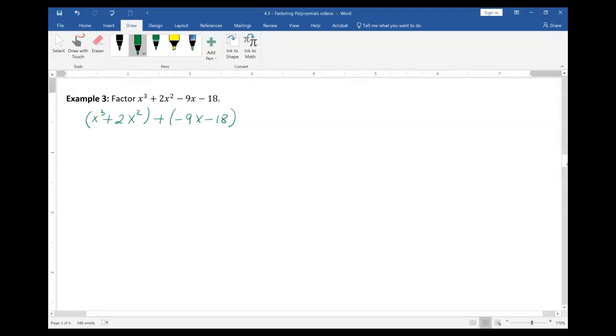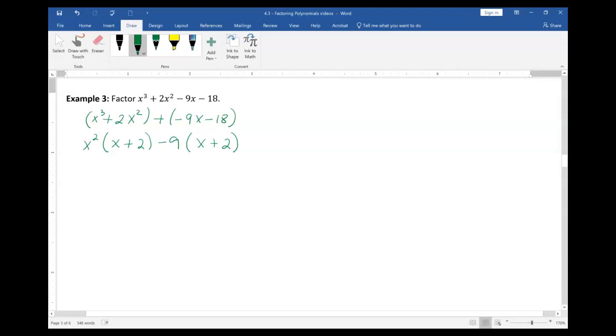From the first parenthesis, the GCF is x squared. x cubed divided by x squared is x. 2x squared divided by x squared is 2. Let's continue. Then in the second parenthesis, the GCF is, I'm going to choose negative 9. Negative 9x divided by negative 9 is x. Negative 18 divided by negative 9 is positive 2.